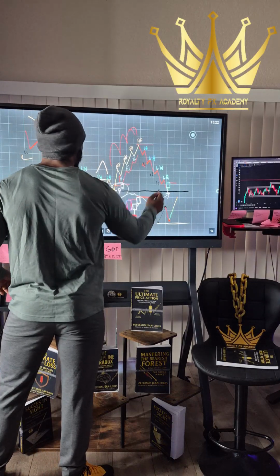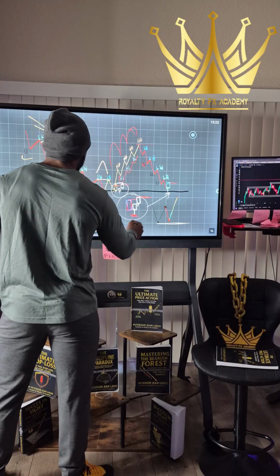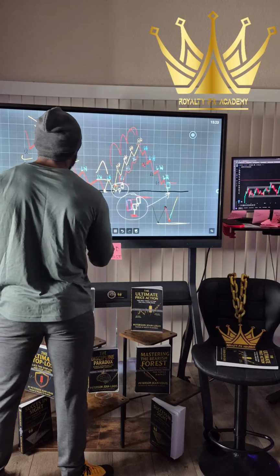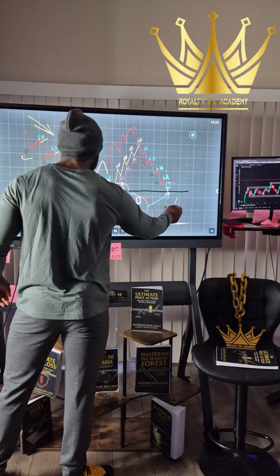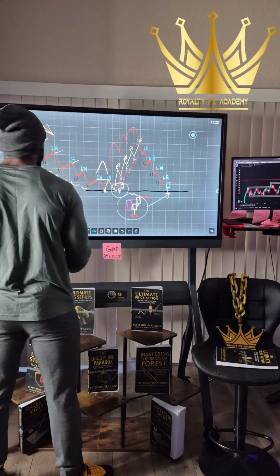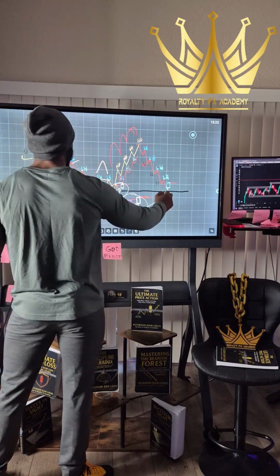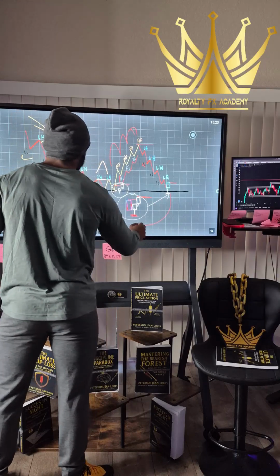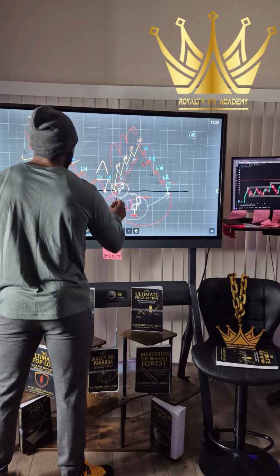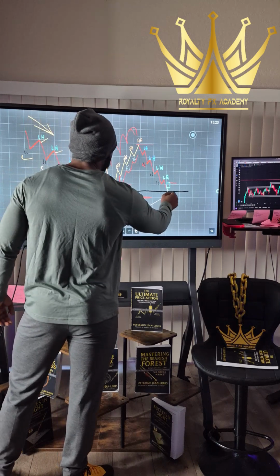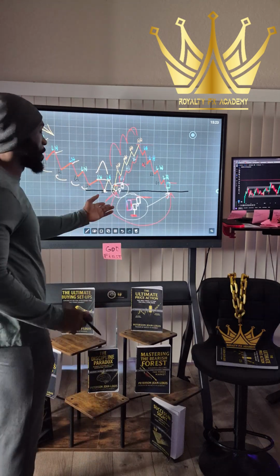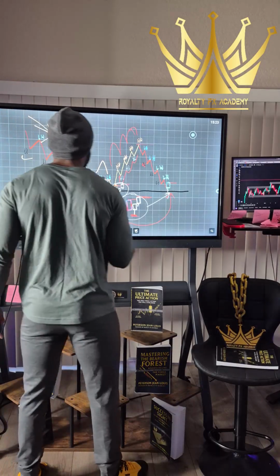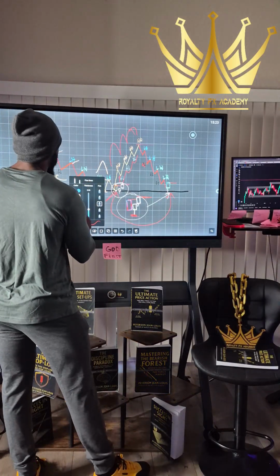Again, when the market comes to a zone, we look to our left to see what it did last time. So when it does it again, we could go ahead and enter the market to be one with it with the buy.